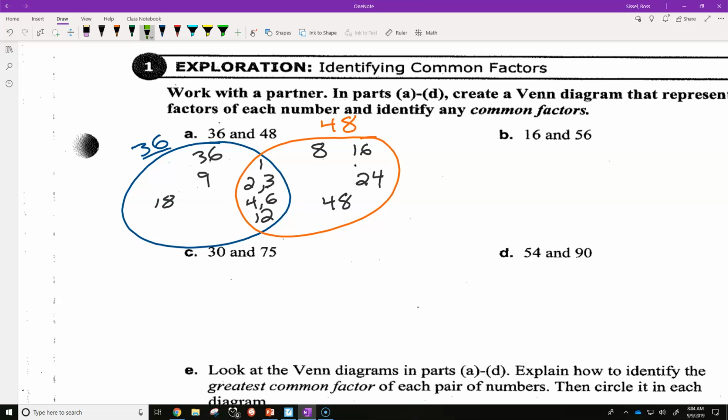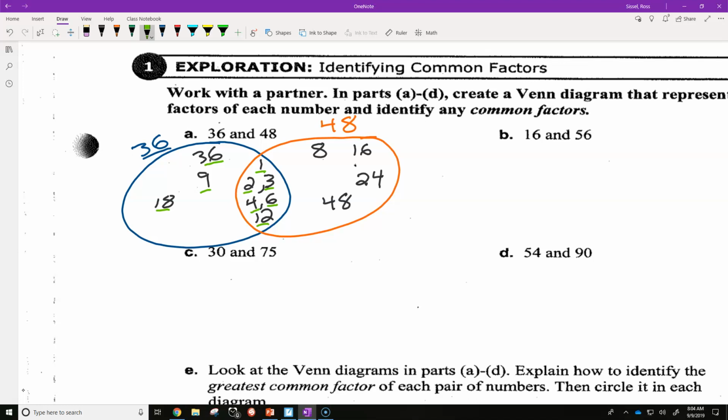Let's look at our factor pairs. 1 times 36. I'm going to follow my number line. 2 times 18. 3 times 12. 4 times 9. 6 times 6. And since 6 went to itself on the number line, I know I'm done. Remember?